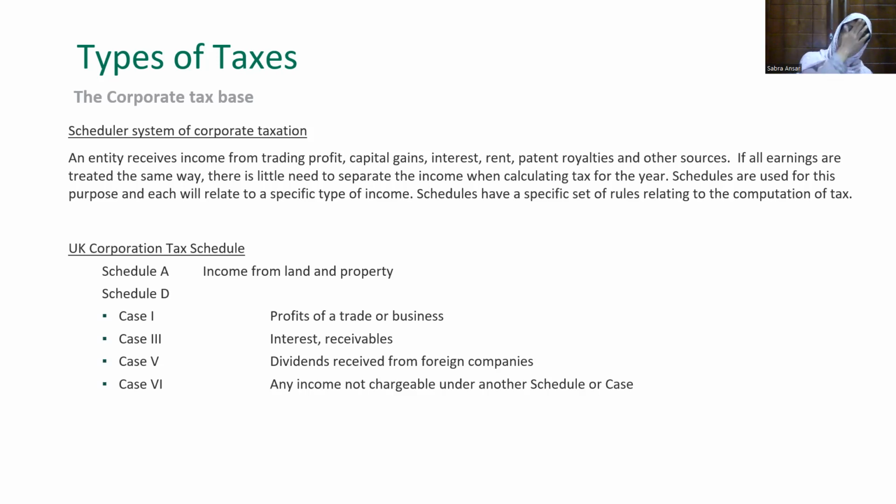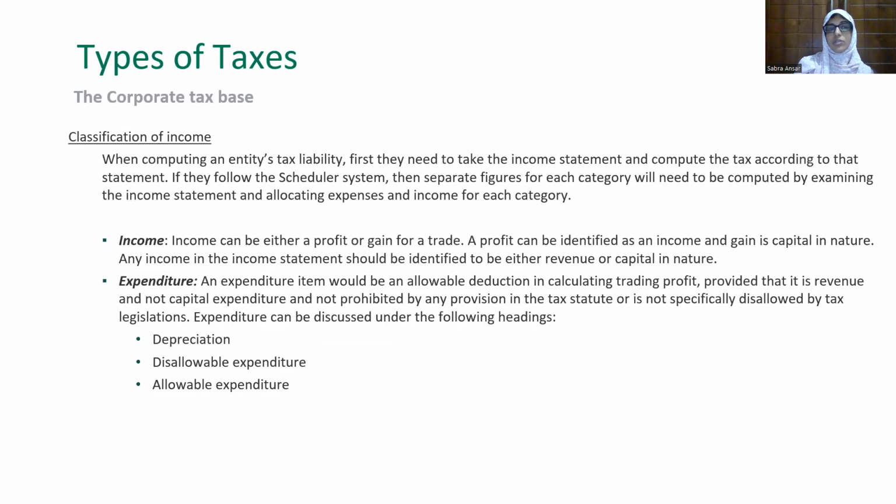In the UK corporate tax schedules, Schedule A includes income from land and property. Schedule D includes profit of trade or business or interest receivable, and it could also include dividends received from foreign companies or any income not chargeable under another schedule.